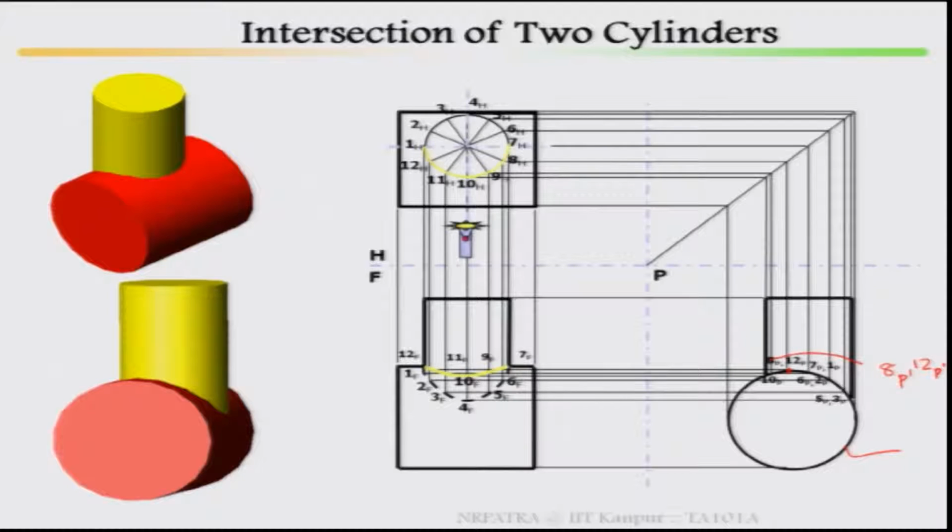You cannot see inside how it is passing, that is why it is a dotted line, and here you are seeing it. So, particularly if you look here, this is the surface at the interface between two cylinders.